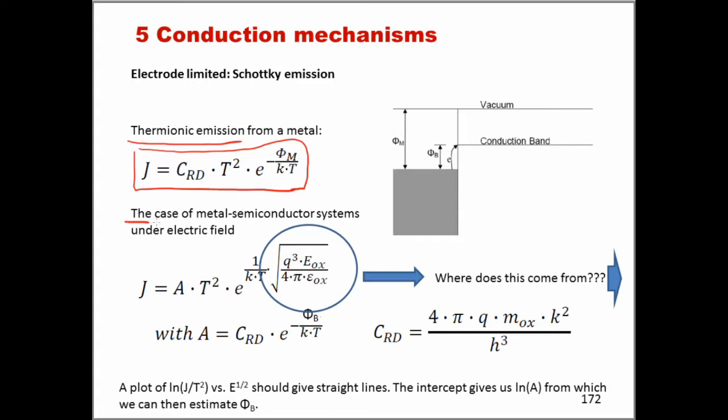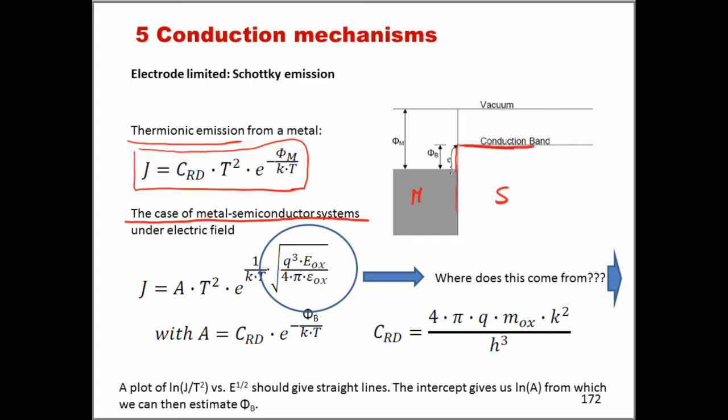Now, in the case of a metal semiconductor system, what we could expect to happen is something similar to the thermionic emission, also temperature activated, but this time the barrier would be smaller. So if we imagine to have a metal semiconductor system, so this is our metal and this is our semiconductor here, this one here is the conduction band of our metal.